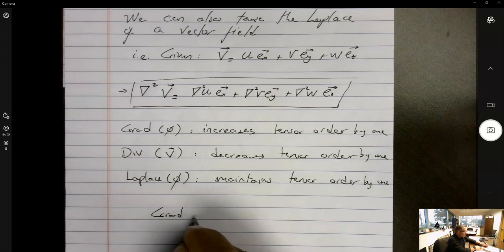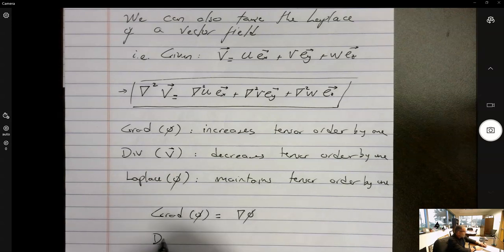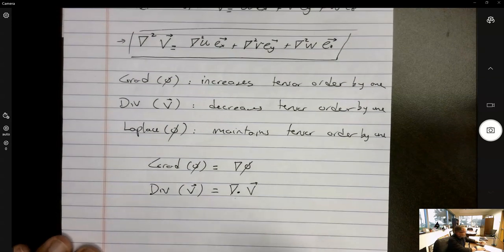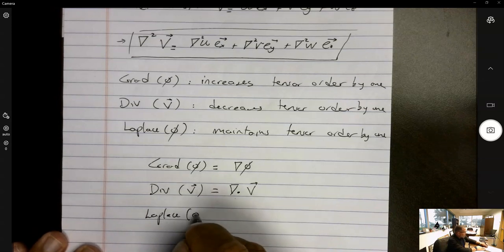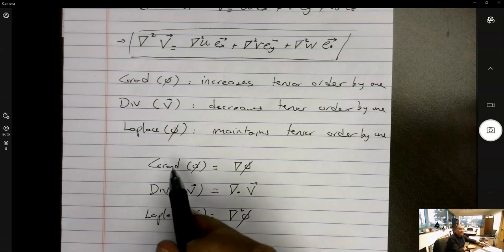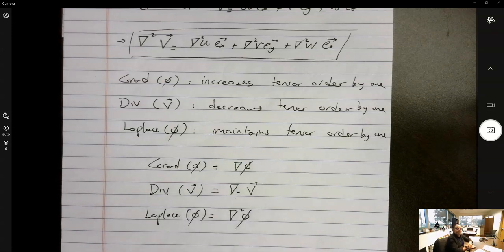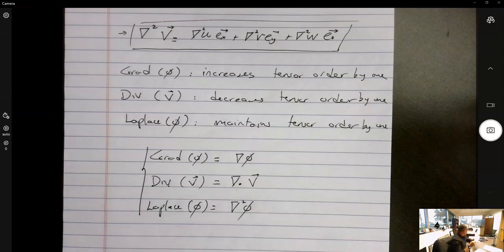The gradient of phi is denoted del phi. The divergence of v is denoted del dot v. The dot makes a huge difference in the nomenclature. And the Laplace of phi is denoted del squared of phi, which is actually the divergence of the gradient of phi. And on that note, we are going to end the lecture today.